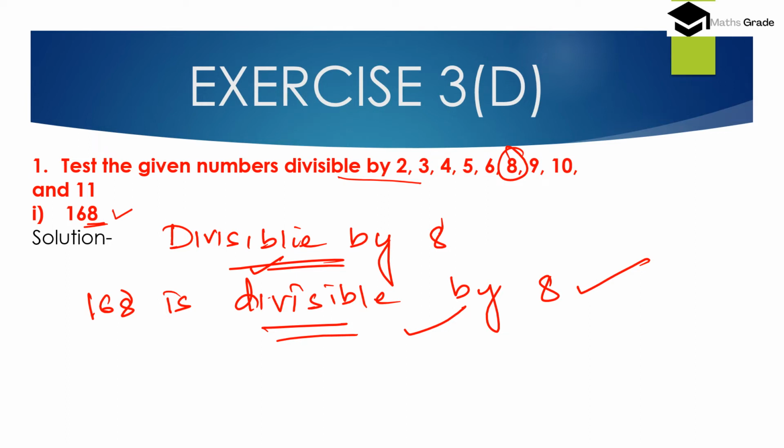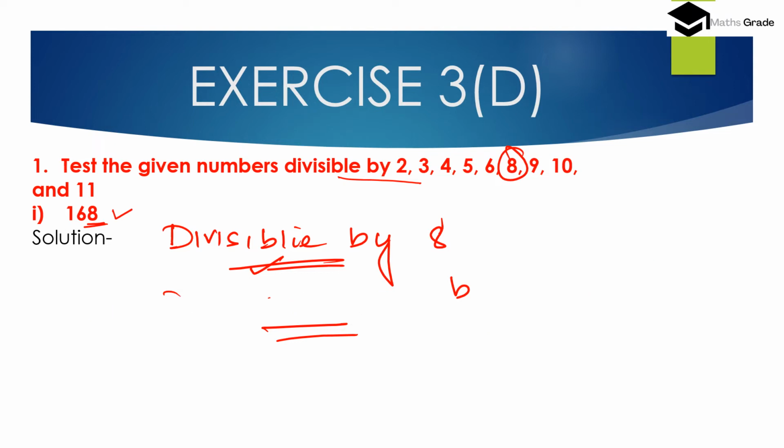Now we will check whether 168 is divisible by 9 or not. Divisibility test of 9: we know if the digit sum of the number is divisible by 9, then the number is divisible by 9.